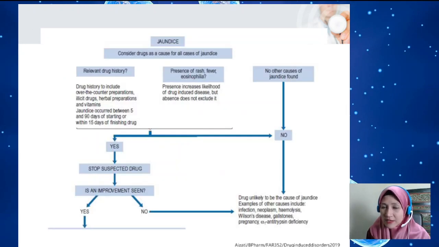So this is the schematic diagram of the workflow that you need to follow whenever you want to do an assessment of drug-induced liver disease.